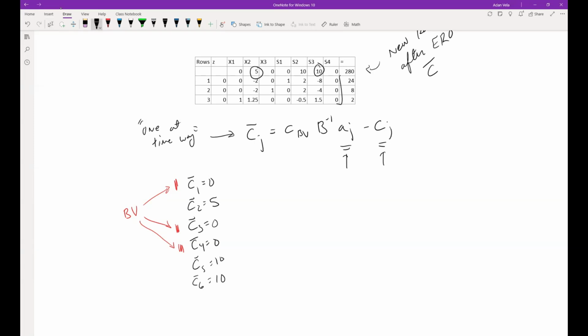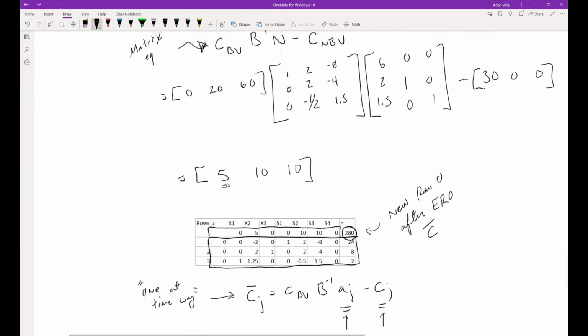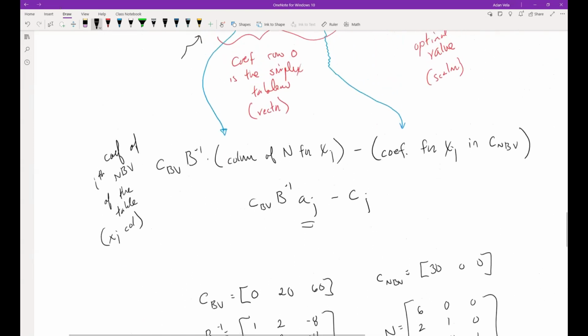So we figured out how to calculate the part of the simplex table corresponding to the constraints. We got that. We just figured out how to calculate the row 0. Okay. The only thing that's missing is how do we calculate what the cost is? Okay. And we have an equation for that. That was part of what we solved.